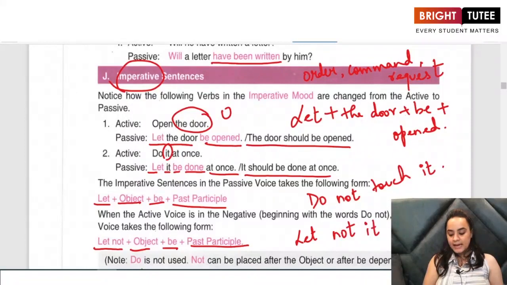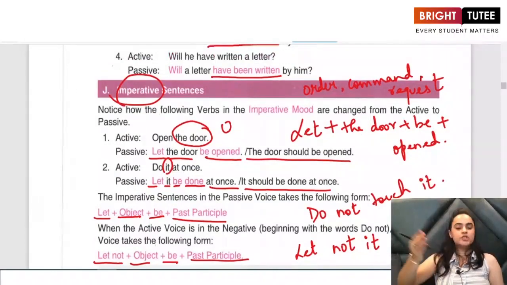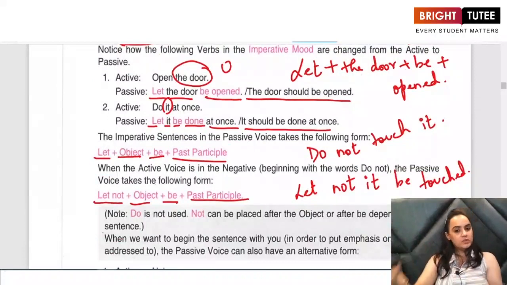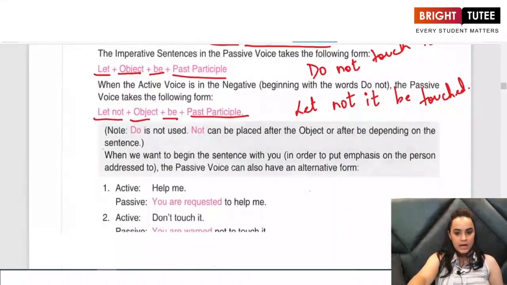It be touched. Or it should not be touched. As I told you, there are two ways in which you can change it. Alright, so imperative sentences have a different form altogether when they are changed from active to passive. Let plus the object plus be and the past participle form of the verb.